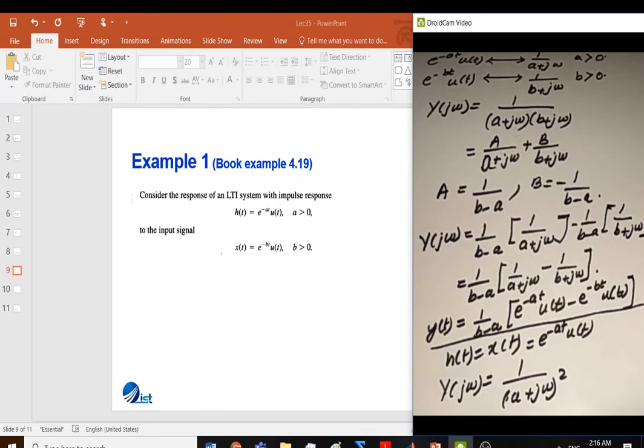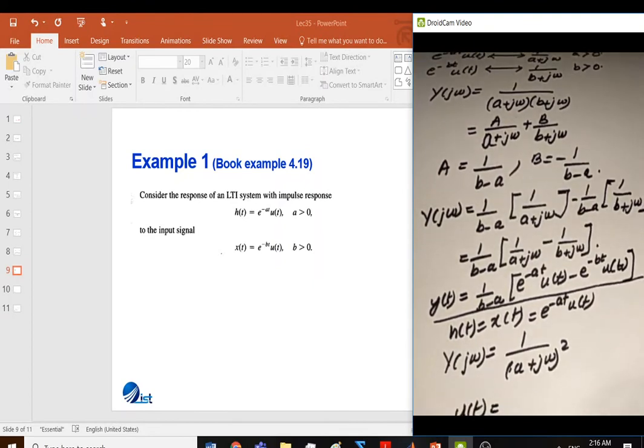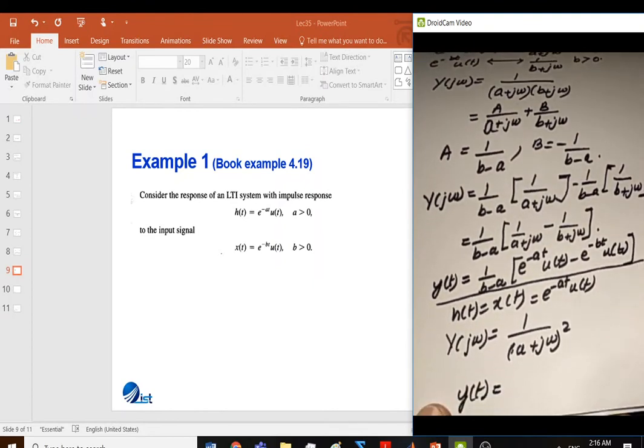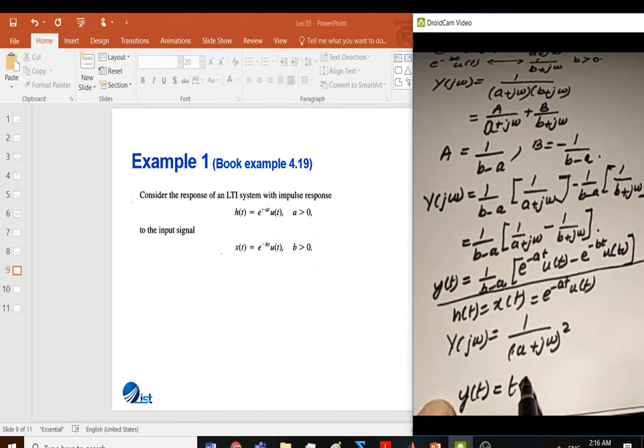We can see that for this case, y of t, the output, would be equal to t e to the power minus at u of t.